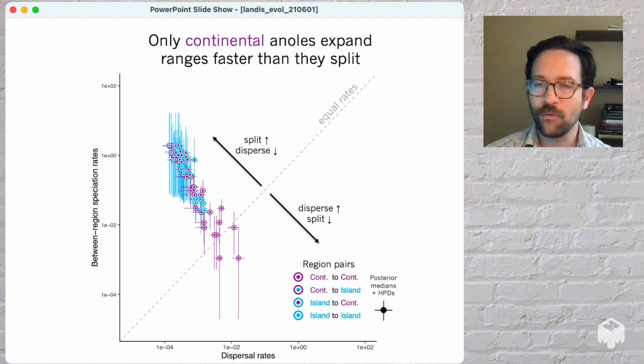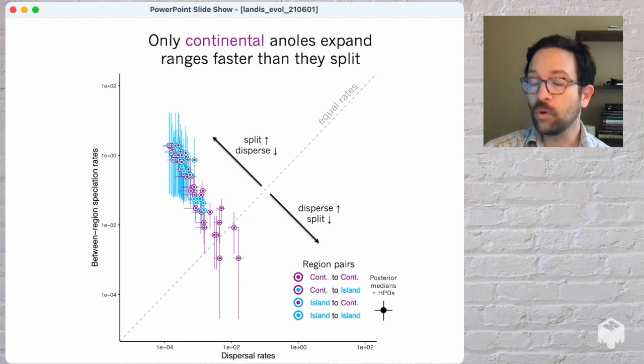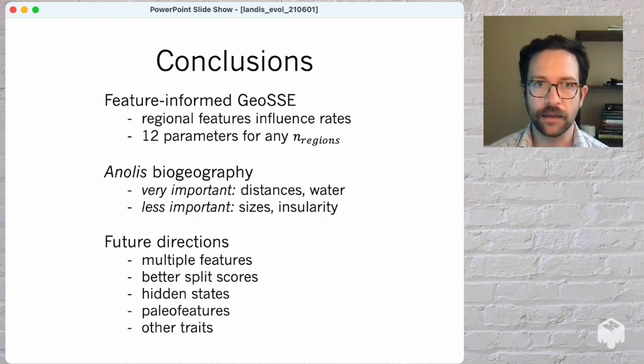What that says is that when islands are involved, they split faster than they disperse. When only continents are involved, you can get equal rates, and even dispersal faster than splitting. And we think this explains why only continental anoles are widespread.